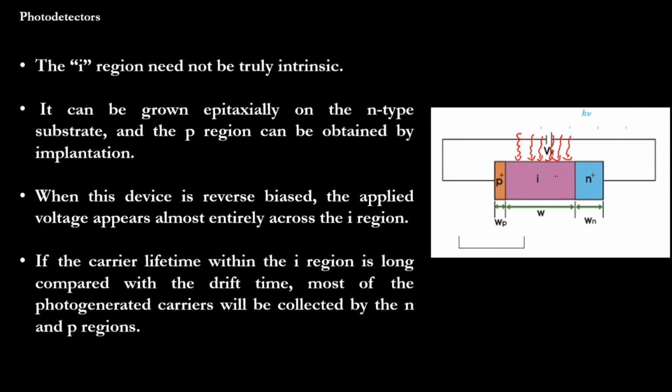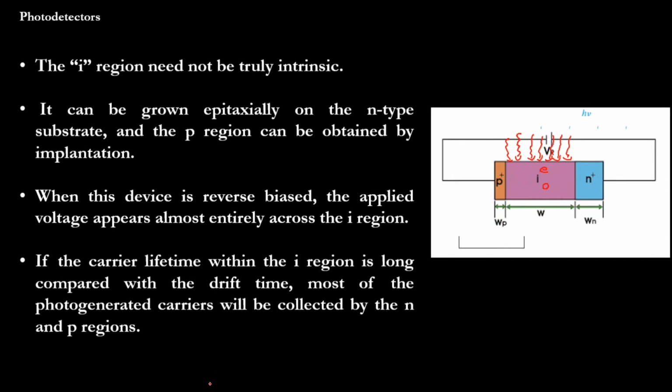When the device is reverse biased, the applied voltage appears almost entirely across the I region, and the depletion region will encroach completely on the intrinsic region. That's why W is mentioned throughout this region, along with the width of P-type and the width of N-type. And once a photon falls on this area, an electron and hole will be created.